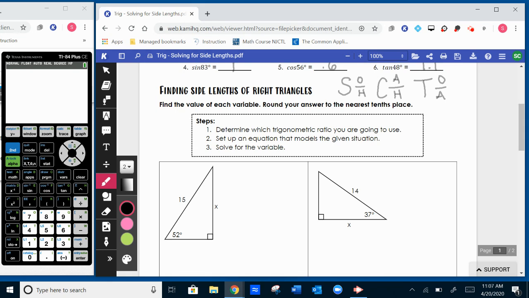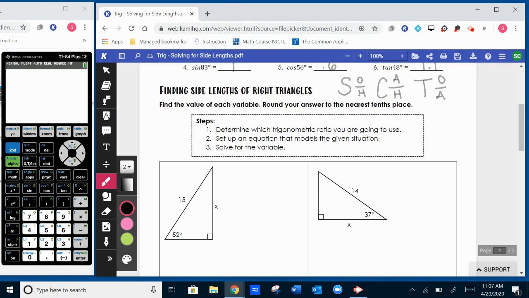So what we're going to do here is find the value of each variable, and we're going to round to the nearest tenth, just like we did up above. And then the steps are given to us. So first we want to determine which ratio we're going to use, whether that is sine, cosine, or tangent. Remember that is going to depend on where our reference angle is and then the sides that we're given information for based off of that angle.